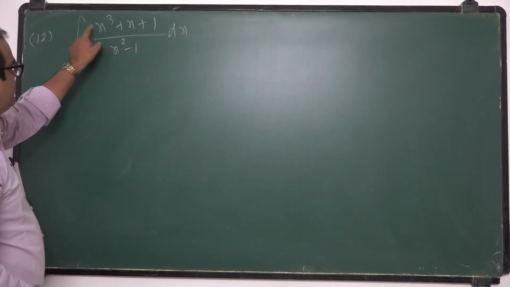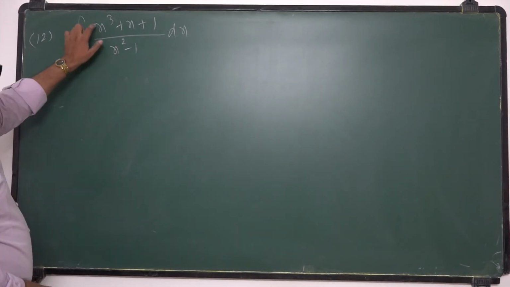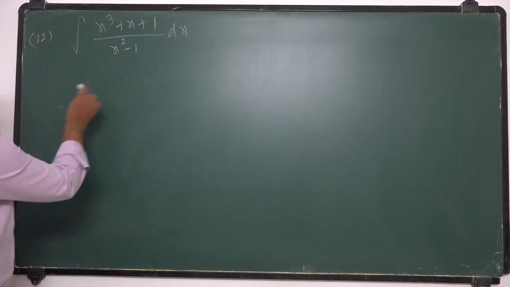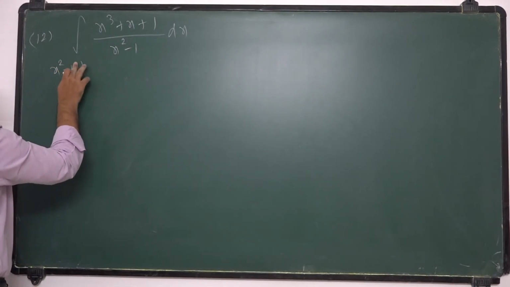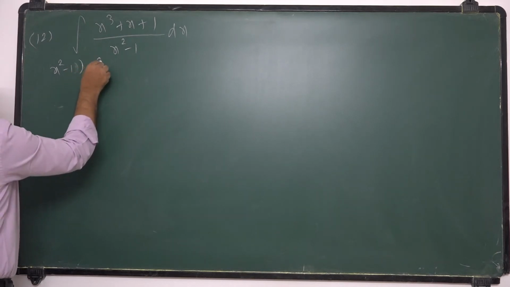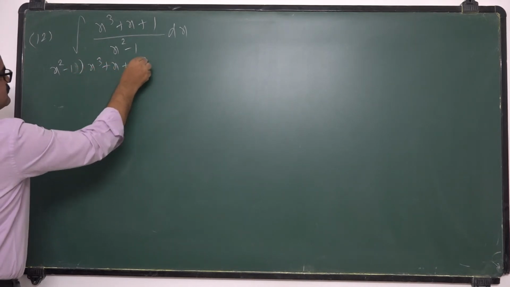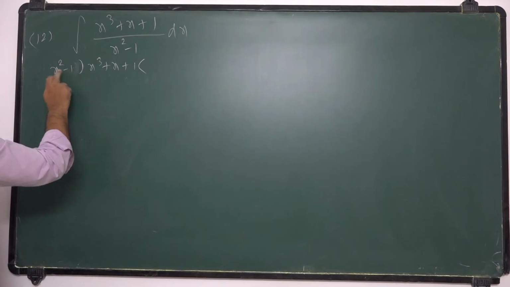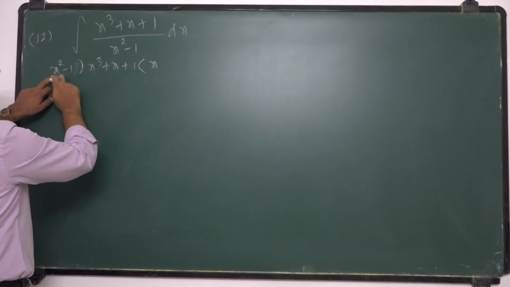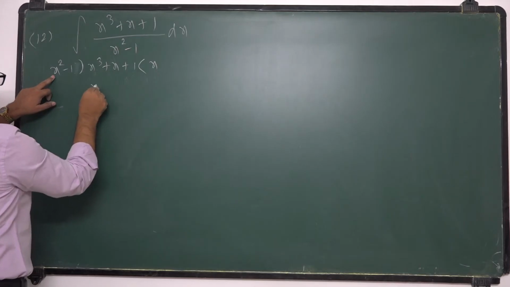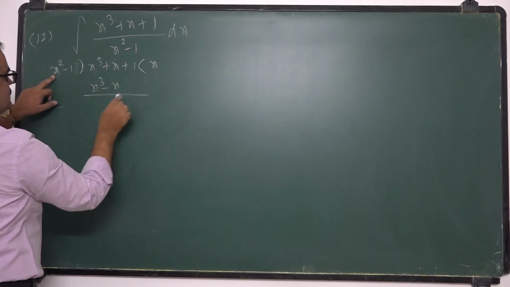First we divide the numerator by the denominator. x cube by x square, it cancels x times. Multiply x with x square minus 1, x cube minus x.